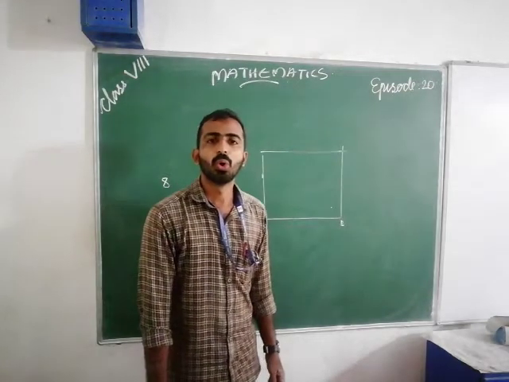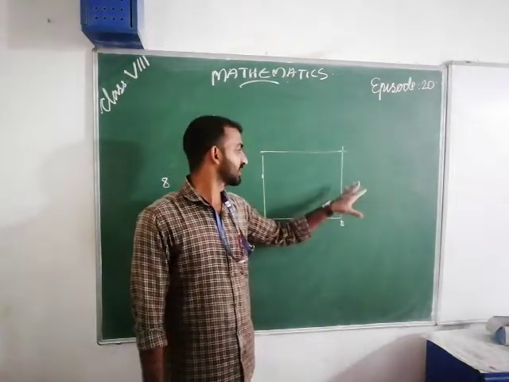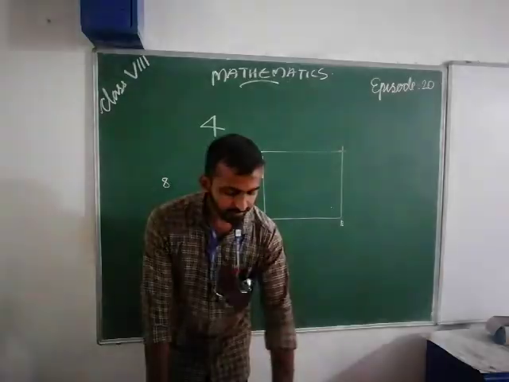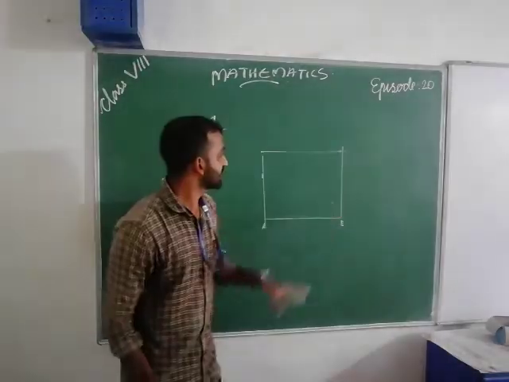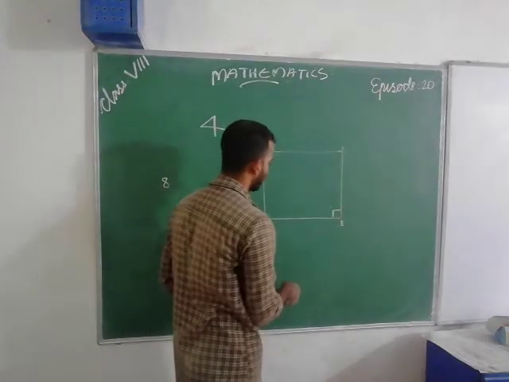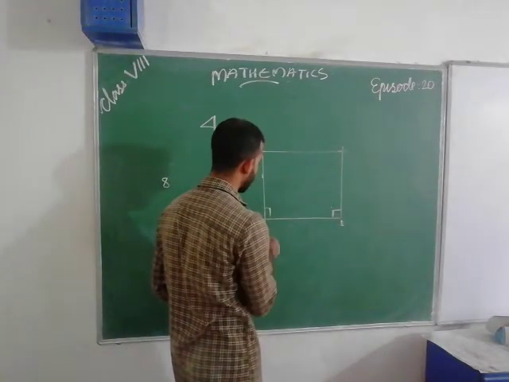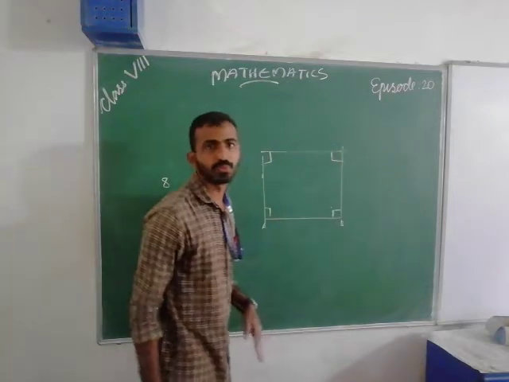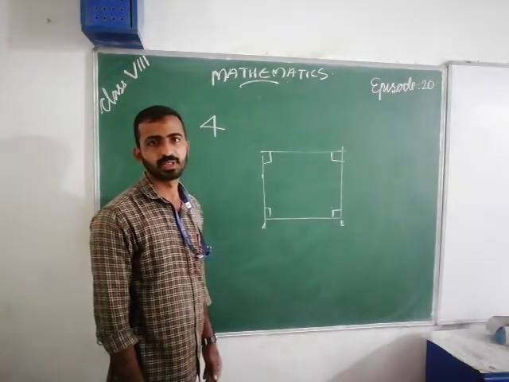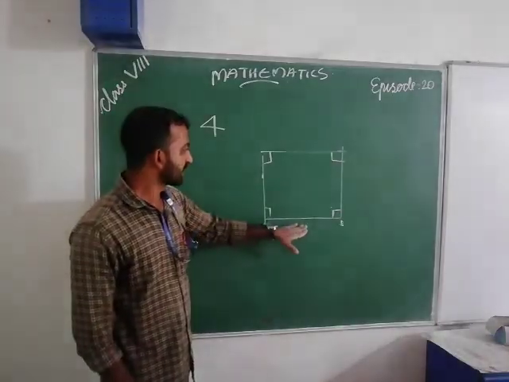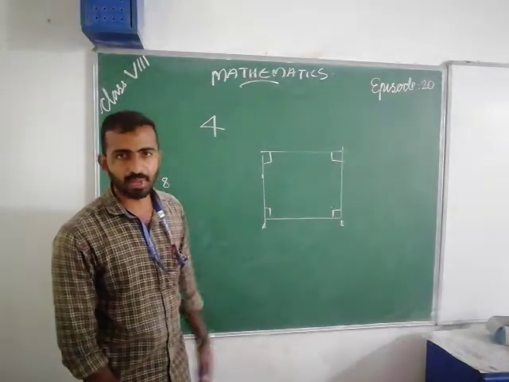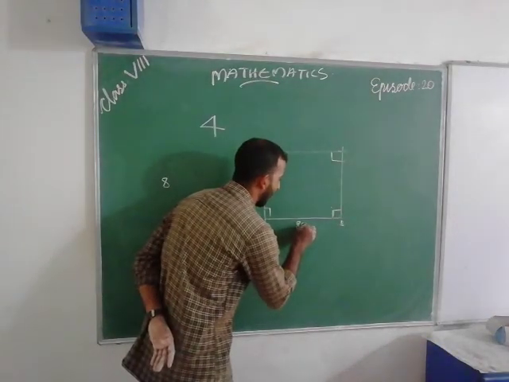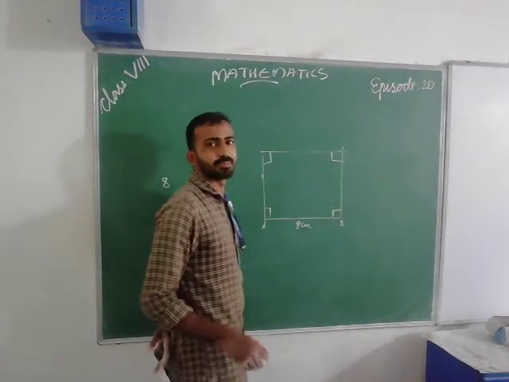also right angles. Is it? Yes. Here is a right angle. Here is a right angle. This angle is also right. This is also right. Here the opposite sides are parallel and have the same length, 8 centimeter.